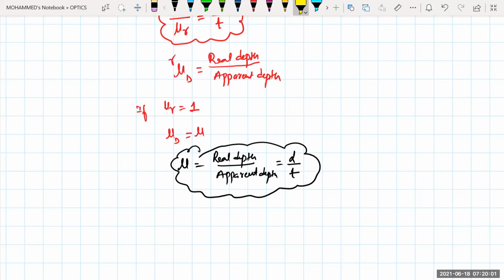What is the condition? When the object is in the denser medium and you are viewing it from the outer, rarer medium, that means a bird seeing the fish.